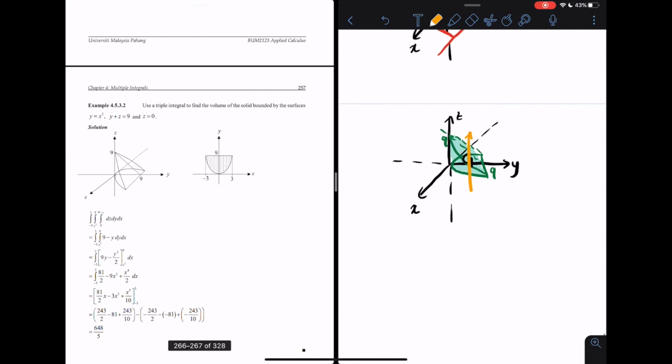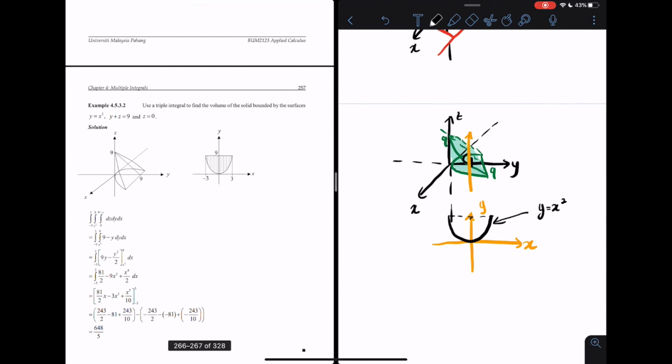And then in order to determine the limit with respect to variable y, project your surface or your solid from 3D onto the xy plane in 2D. Okay, this is my y, this is my x. So I will end up with this plane, such as y is equal to x squared.